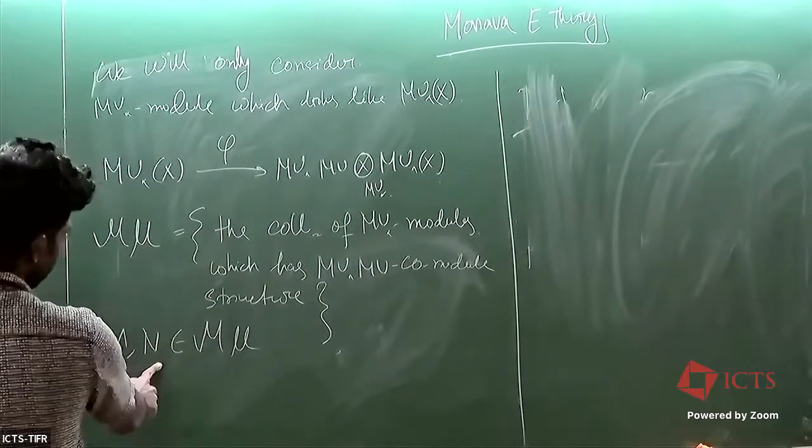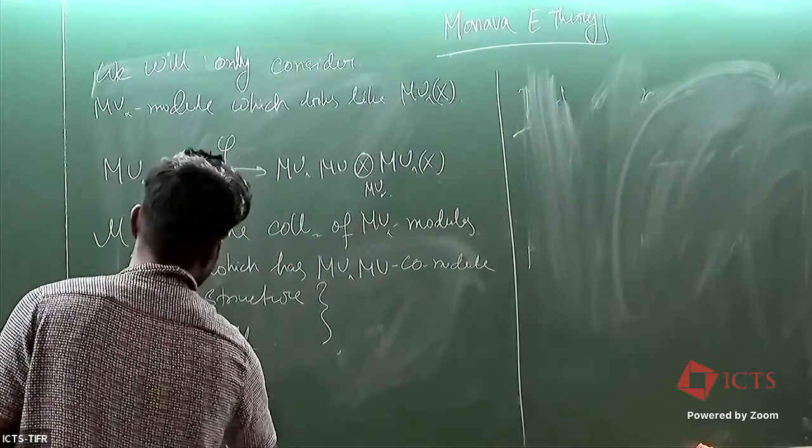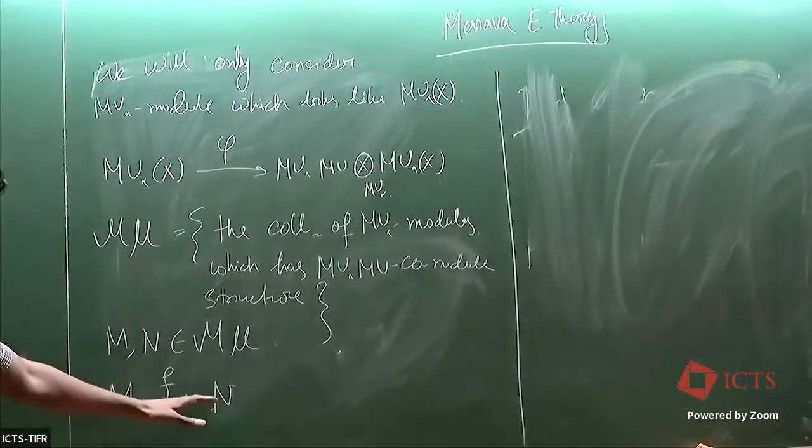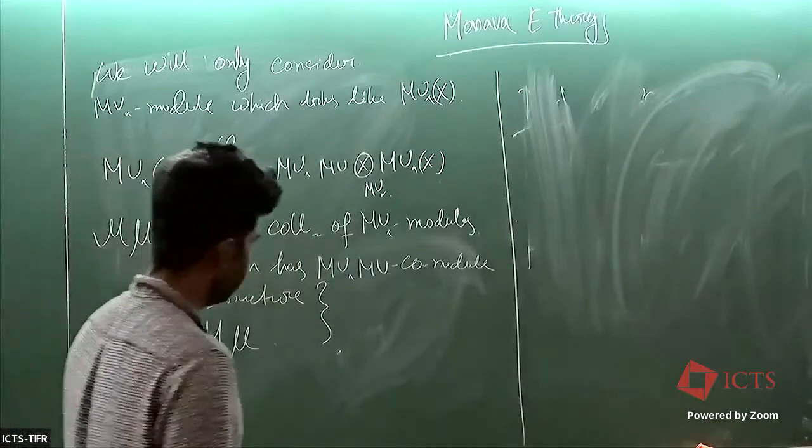So m and n are mu star modules, and a map between them, say f, has to be a mu star module map as well as a mu star mu comodule map. So these are the morphisms.